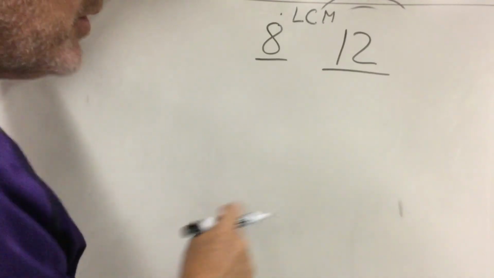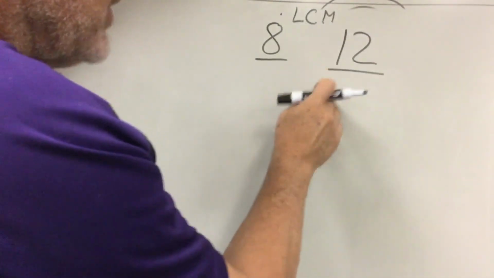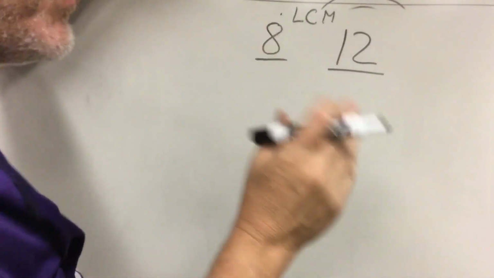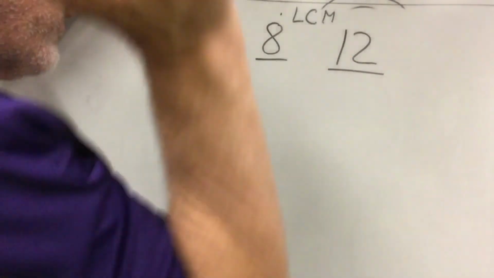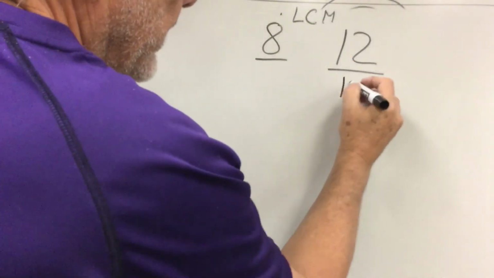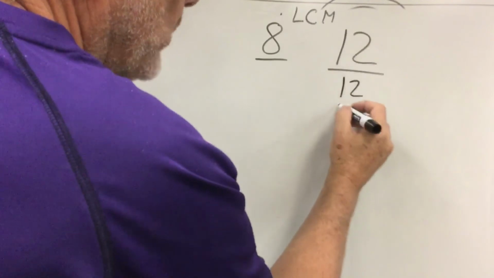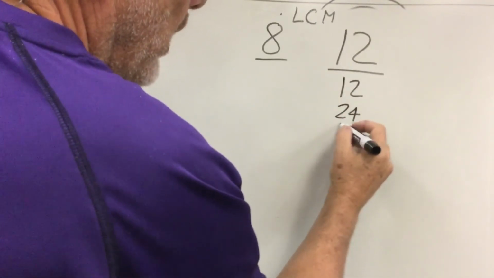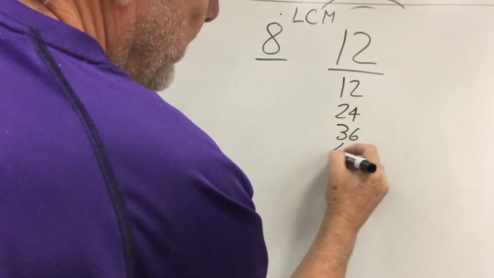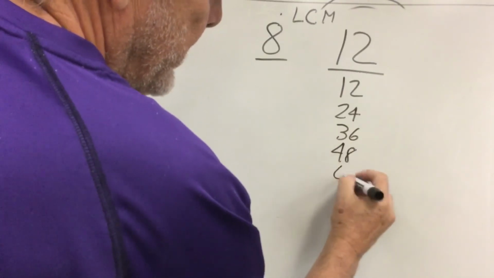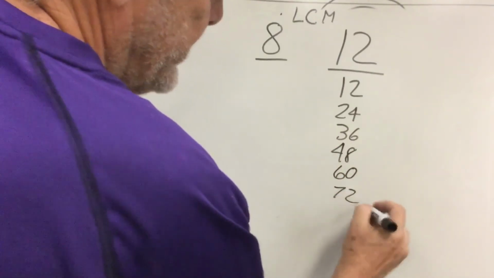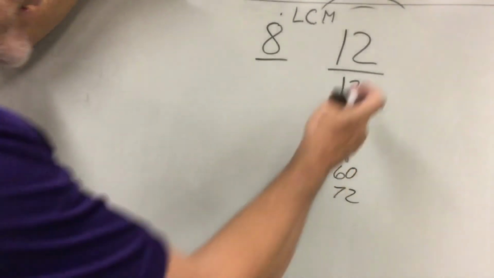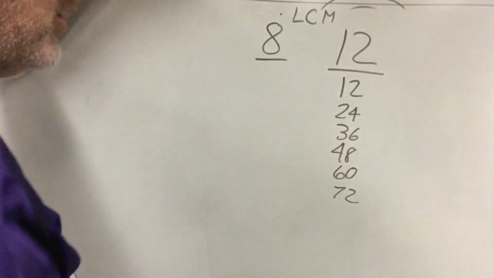I know I did it backwards, but when you have this and you're listing them, you're always better to start with the larger number first. Okay? And you'll see why. So we have 12, 24, 36, 48, 60, 72. Okay? So these are the first 6 multiples of 12.